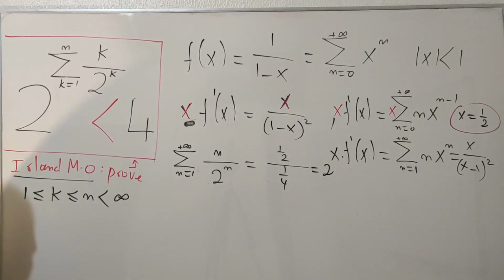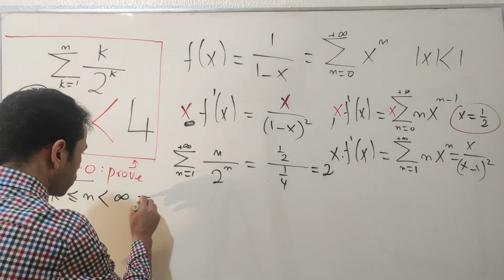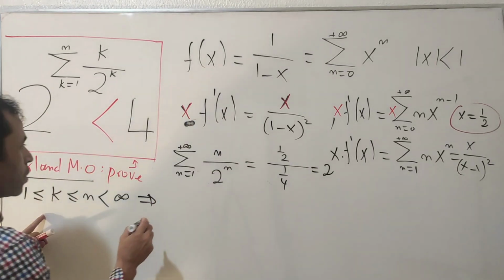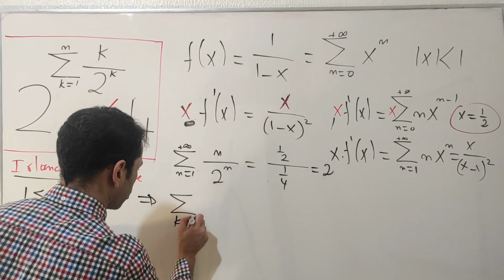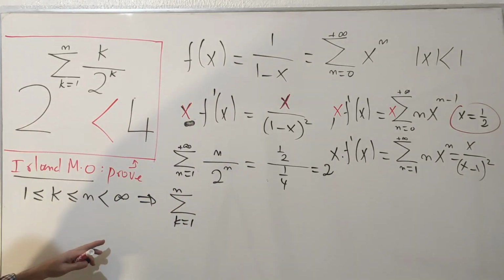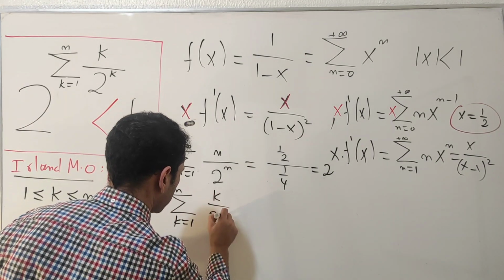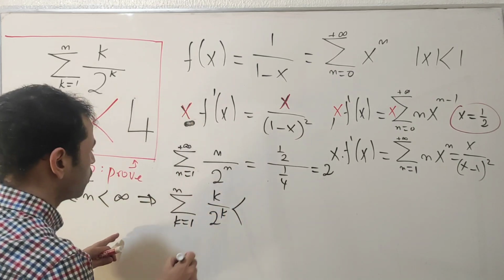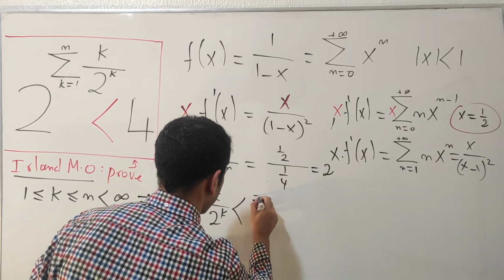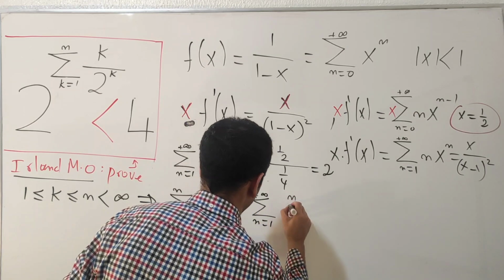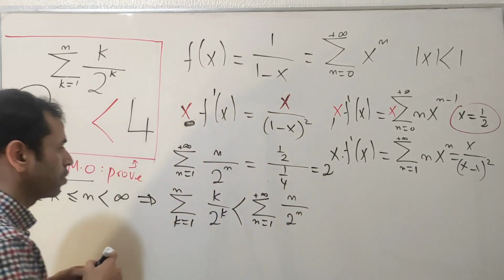This is telling us that the sum of k goes from 1 to n of k over 2 to the k is strictly inferior to the sum as n goes from 1 to plus infinity of n over 2 to the n. Why this one?